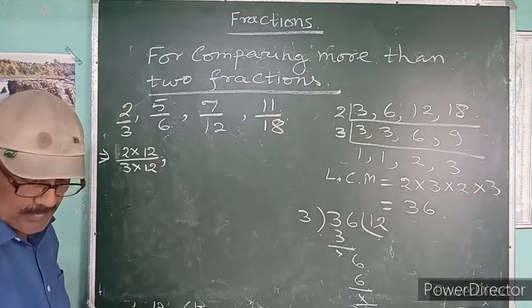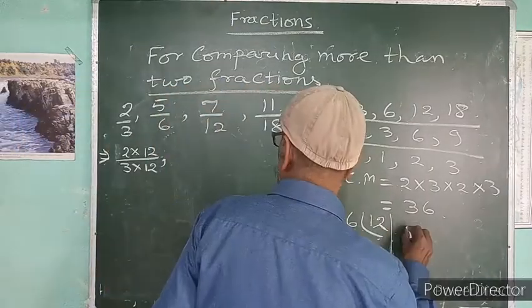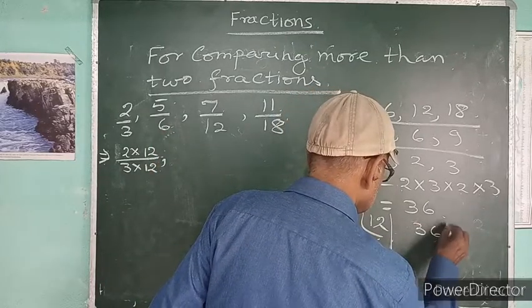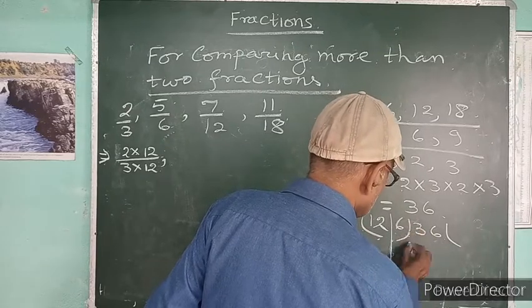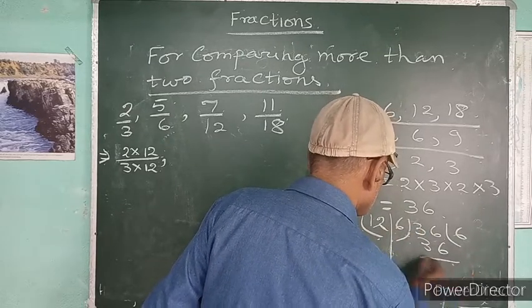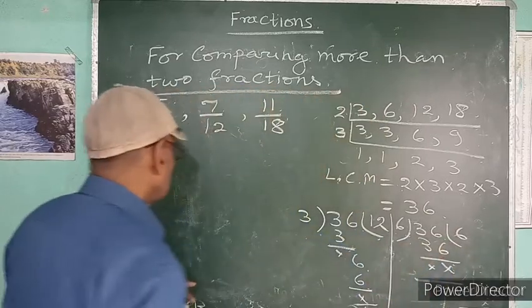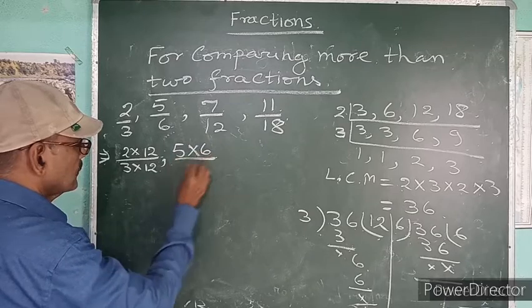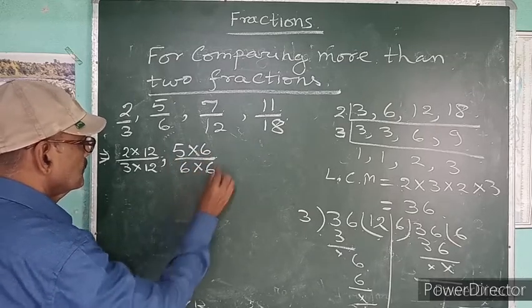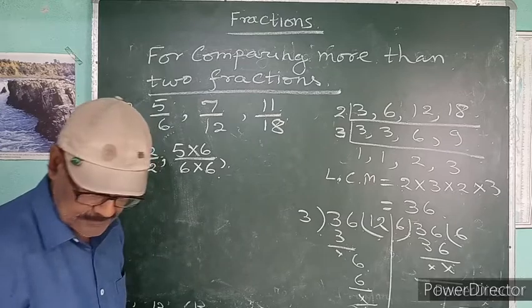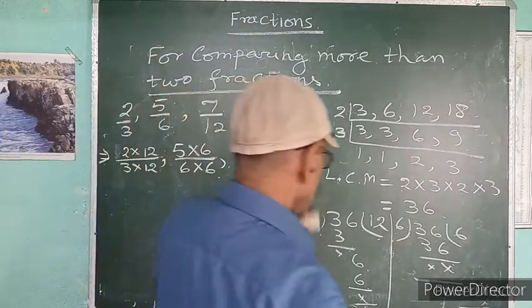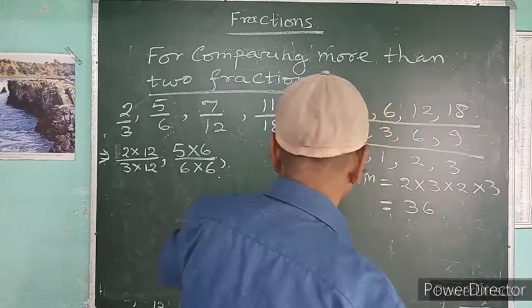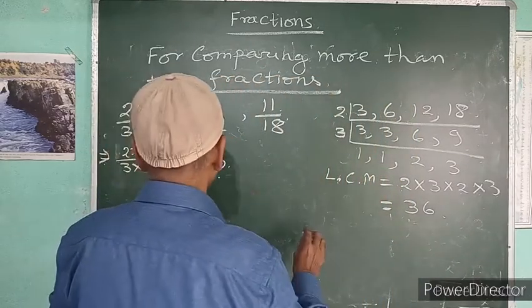Now divide 36 by 6. 6 sixes are 36. So multiply the numerator and denominator by 6. Again divide 36 by this denominator 12.